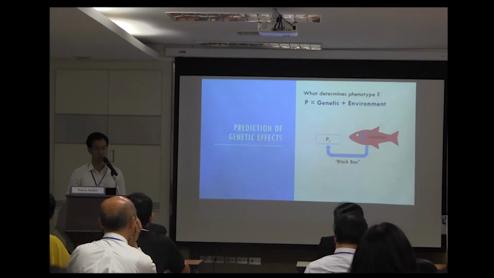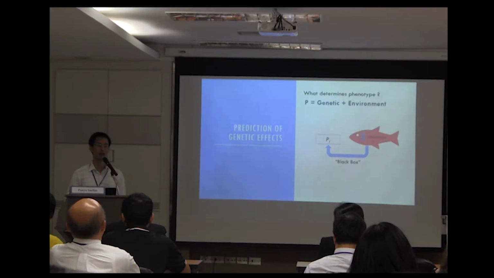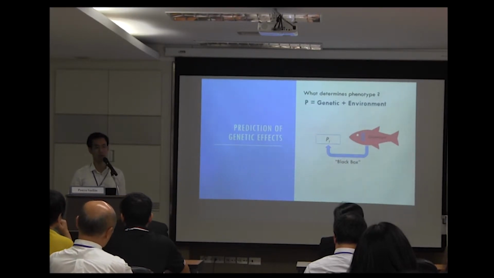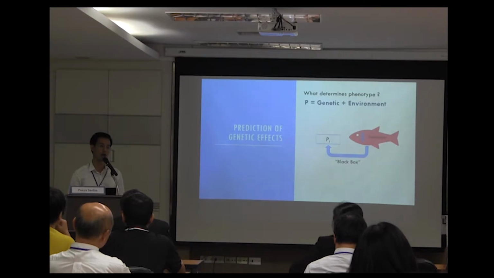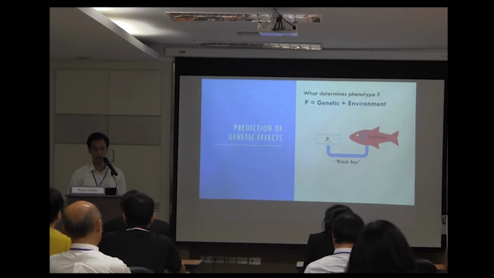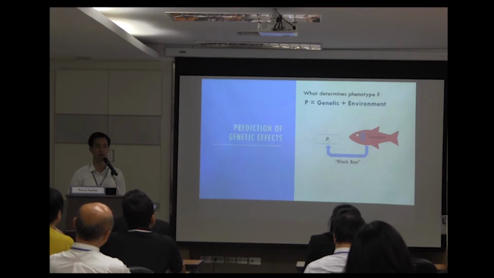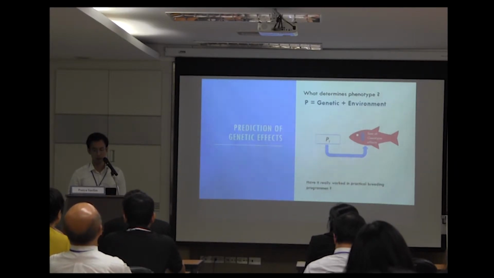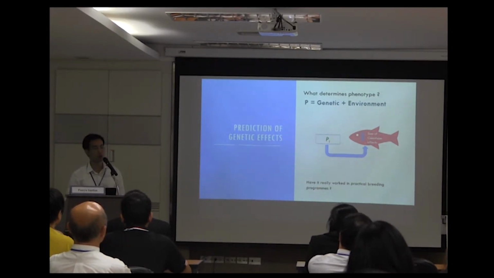If we want to understand the mechanism or the pathway from genotype to phenotype, we need to do molecular biology, molecular genetics, for example. But if we don't do that, this is what we call a black box. We don't have any information about this pathway. We use the phenotype, which is observable, to predict the genetic effects of the animal.